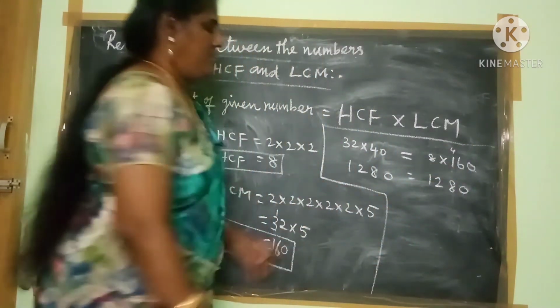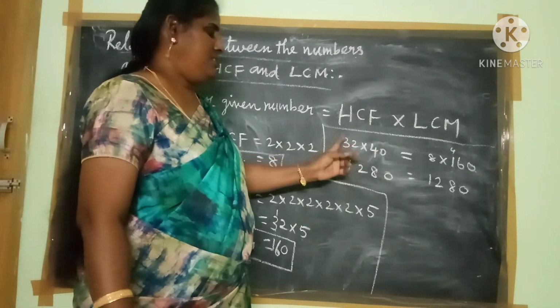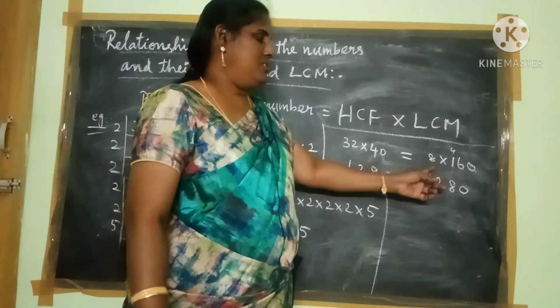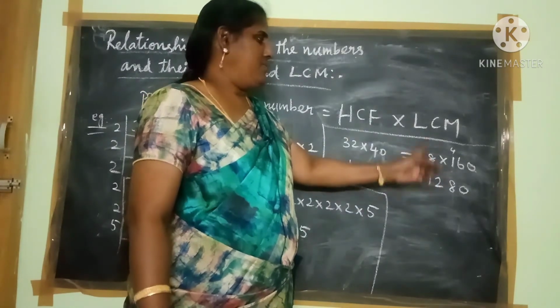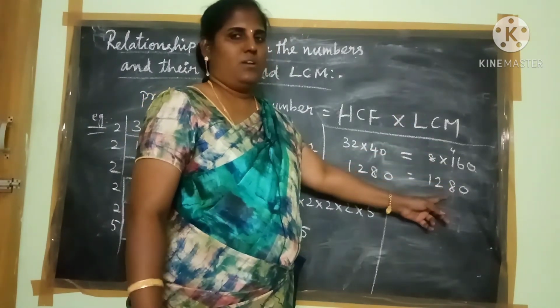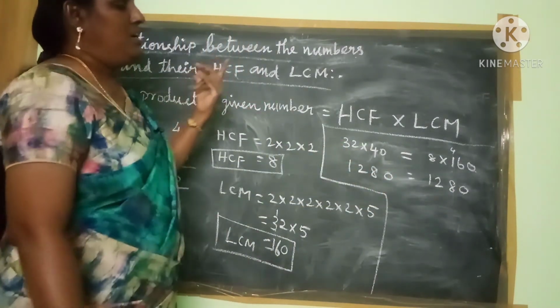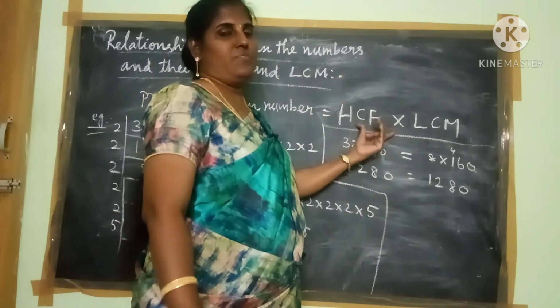See the result. 32 into 40, what is the answer we will get? The same answer we will get in the product of the LCM and HCF. See, so therefore the product of the given numbers is equal to the product of the HCF and LCM of the given numbers.